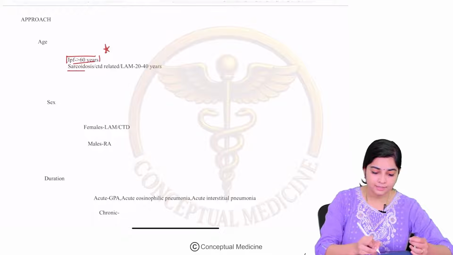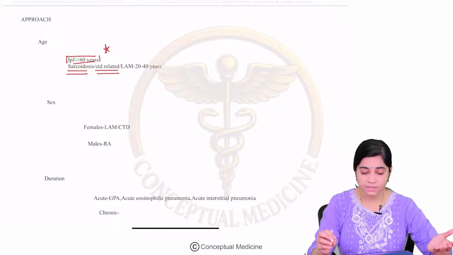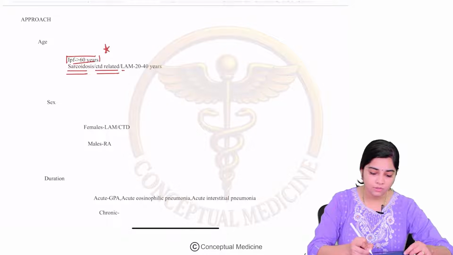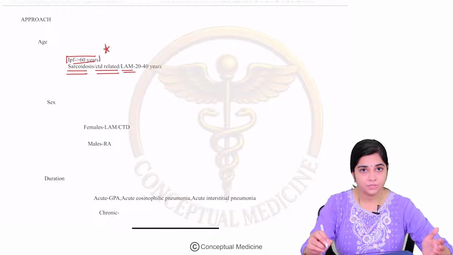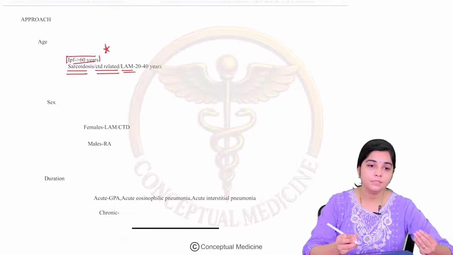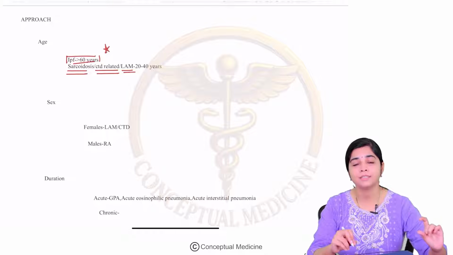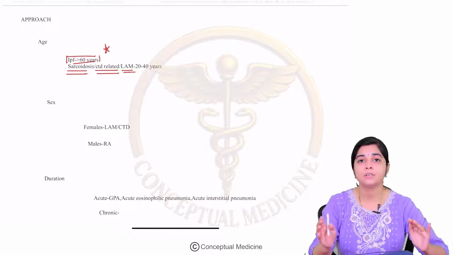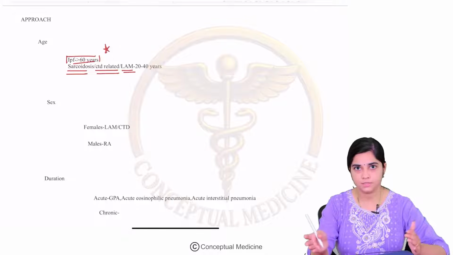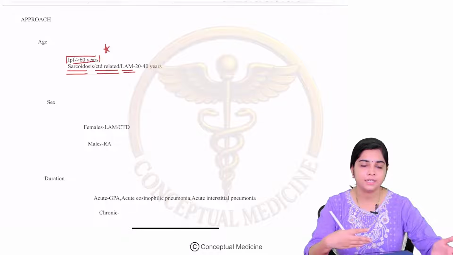But when you look at sarcoid or connective tissue related diseases, CTD related ILDs, or lymphangioleiomyomatosis, which is LAM, this usually occurs at a younger age. Okay, so age becomes a very important factor to have an idea towards where you are going, what type of ILD it is. Is it going to be an IPF or is it going to be any other known cause of ILD?